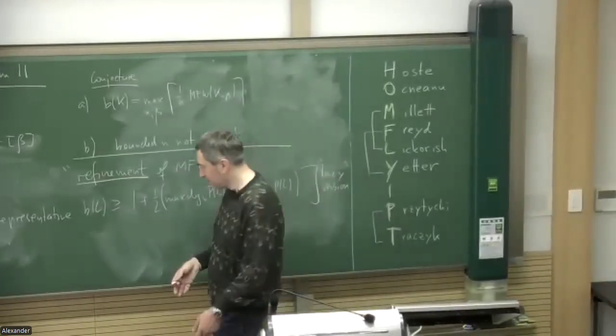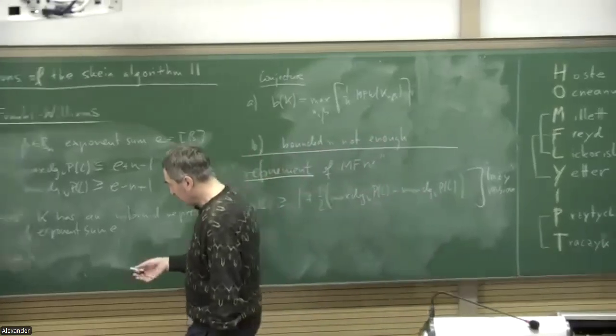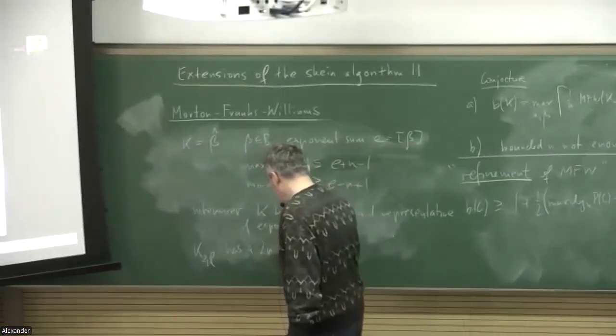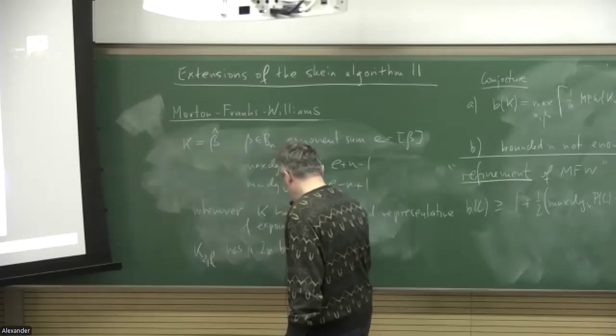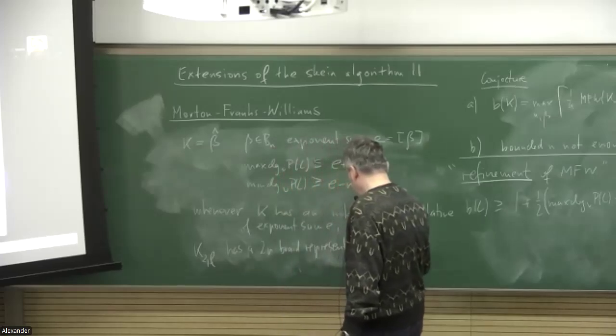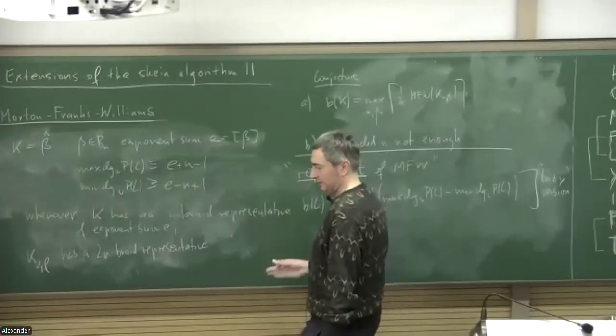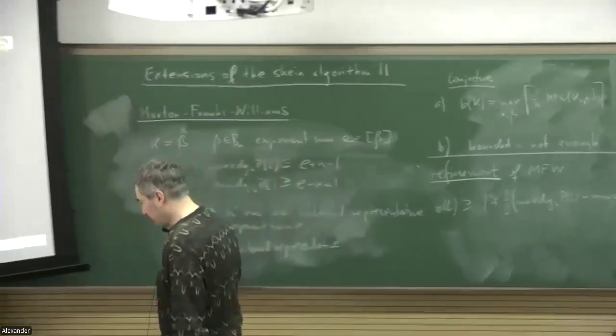This is how you use the lazy version. But you also can control the exponent sum of that 2n braid representative, and this is important.